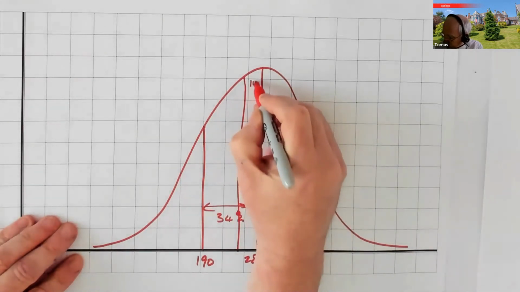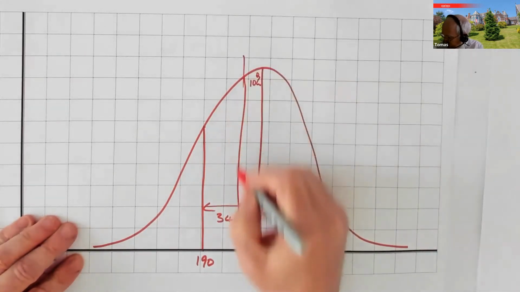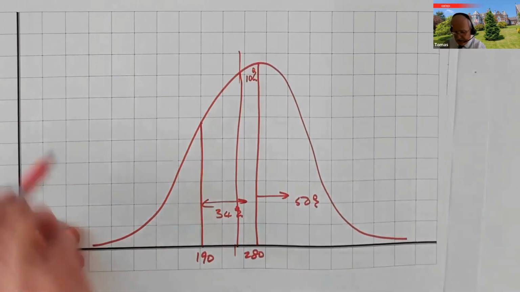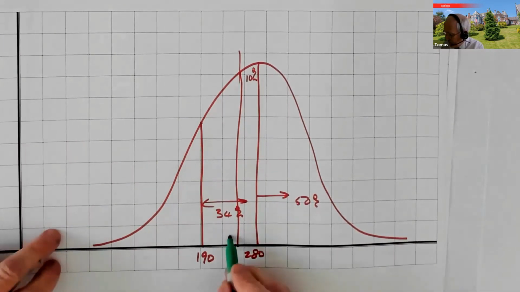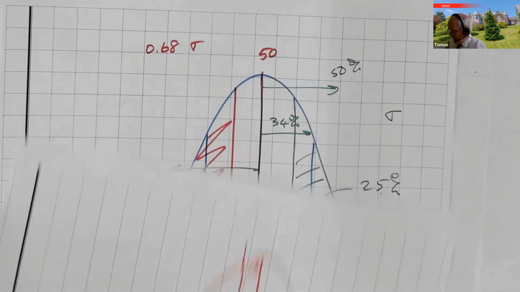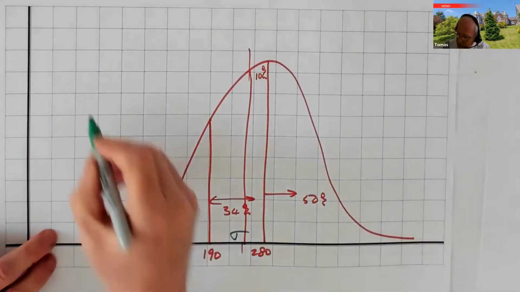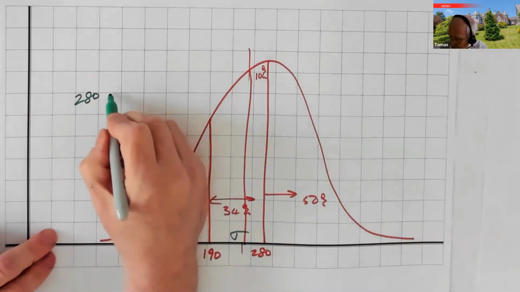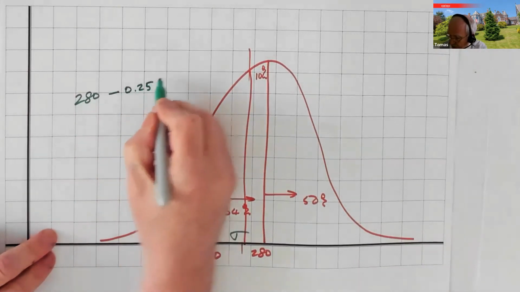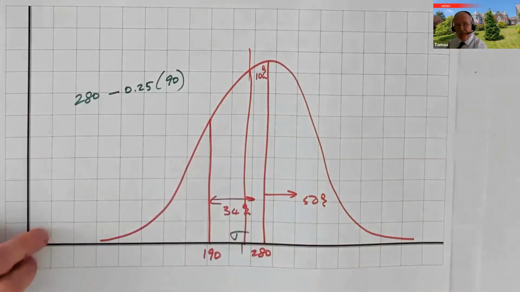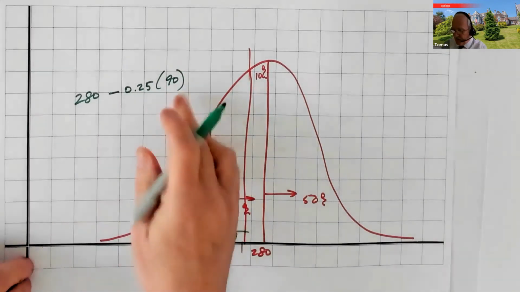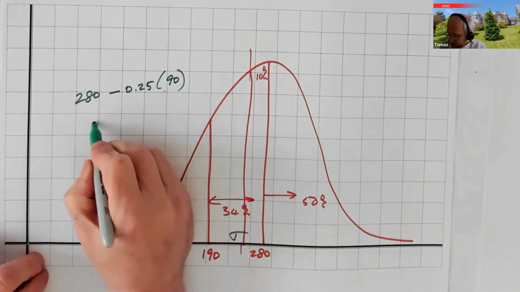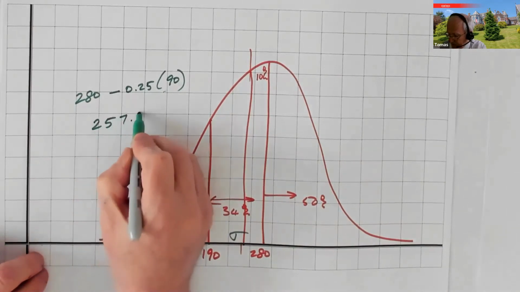So just about 10% here. So this bit here is the 40th percentile. So it's not a full standard deviation, nowhere near it. Actually, it turned out to be only 0.25 of one. So it's 280, and because I'm going in the reverse direction, minus 0.25 of 90. So 0.25 of 90 is 22.5 or something like that, and it turns out to be 257.5.